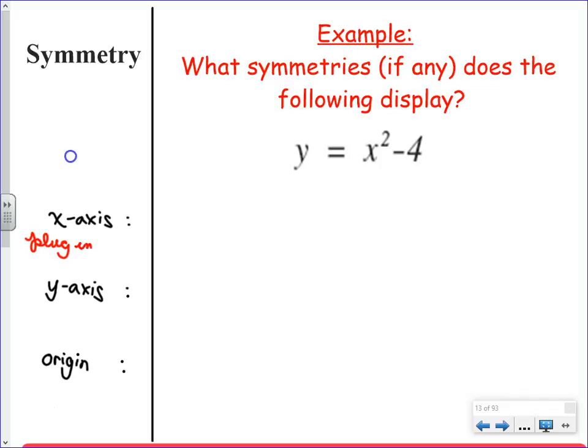Cool. For x-axis symmetry, what special point needs to work? X and negative y, right? Plug in and simplify. For y-axis symmetry, what point needs to work? The x is negative, the y is positive. Plug in and simplify. And then for origin, they're both negative.